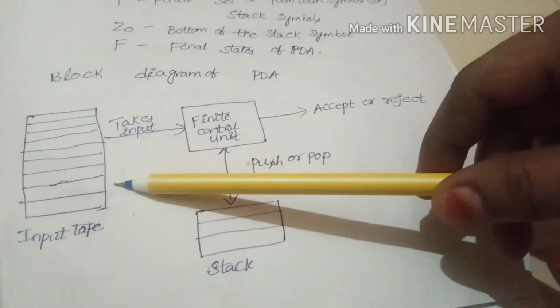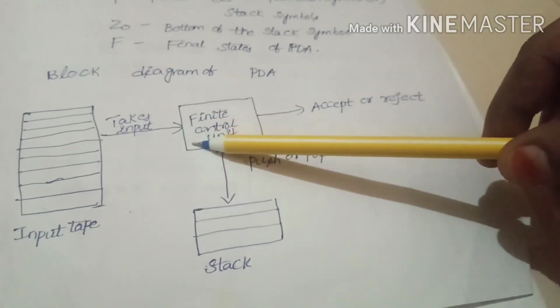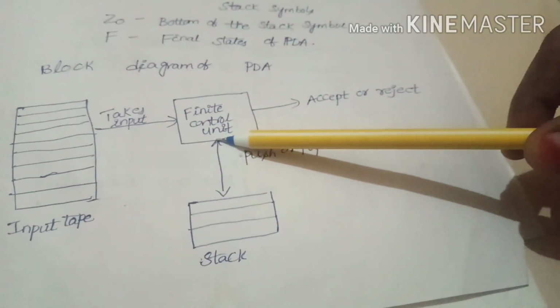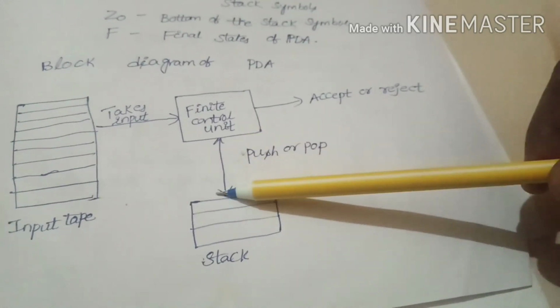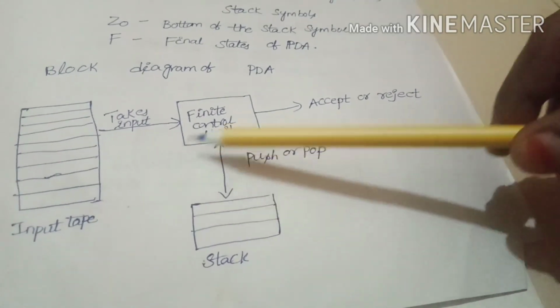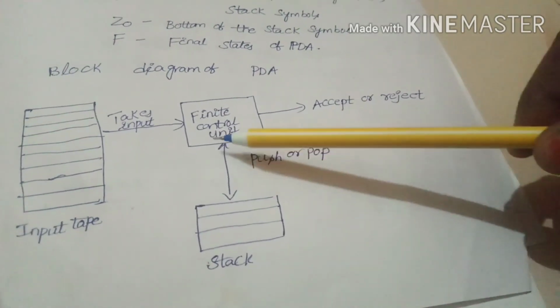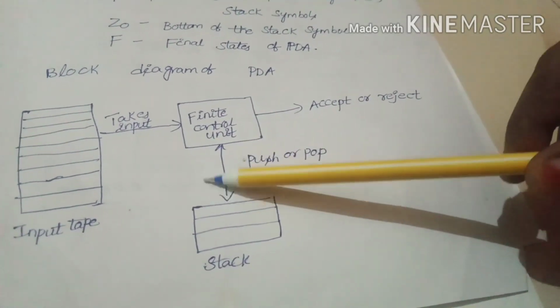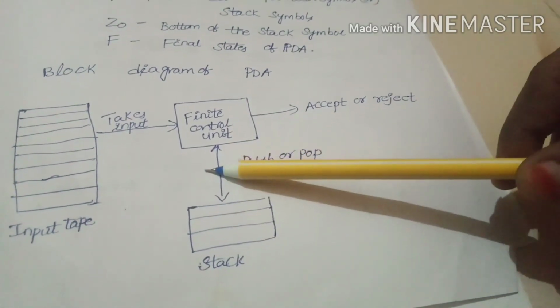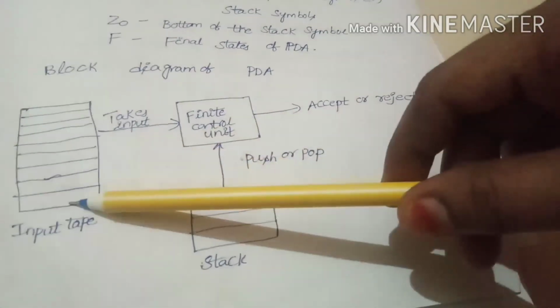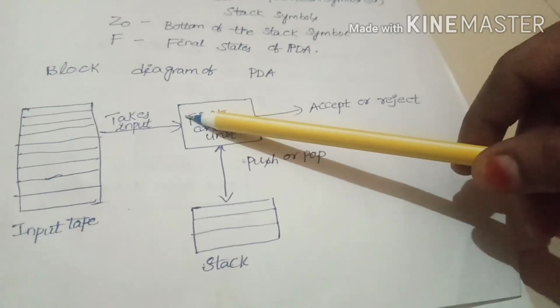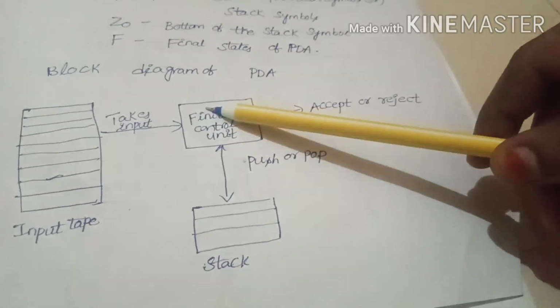Depending on the input symbol, the control unit either adds a new symbol or removes the previous symbol from the top of the pushdown store. The PDA moves from the current state to a new state when it reads an input symbol and the topmost symbol in the stack.